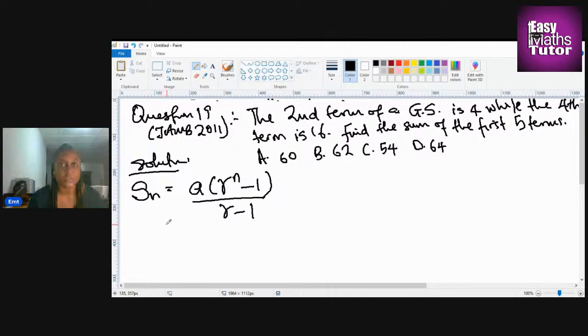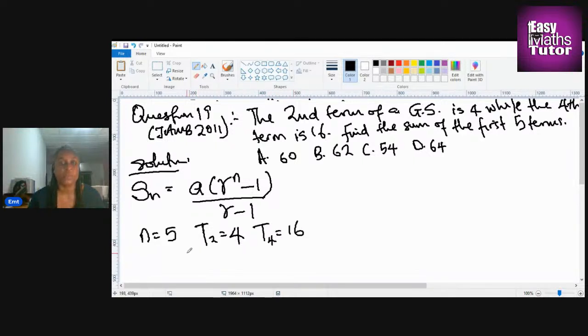So we are meant to look for the values a and r. We already know that n is 5 because we're looking for the first 5 terms. So we know that the second term is 4, while the fourth term is 16.